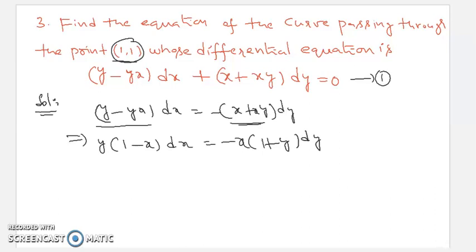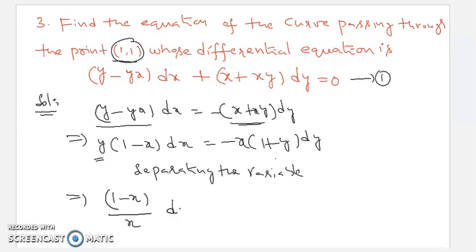Now separating the variables means the variables are separable. So all x and dx terms to this side and all y and dy terms to this side. So 1 minus x by x into dx is equal to minus 1 plus y by y into dy.